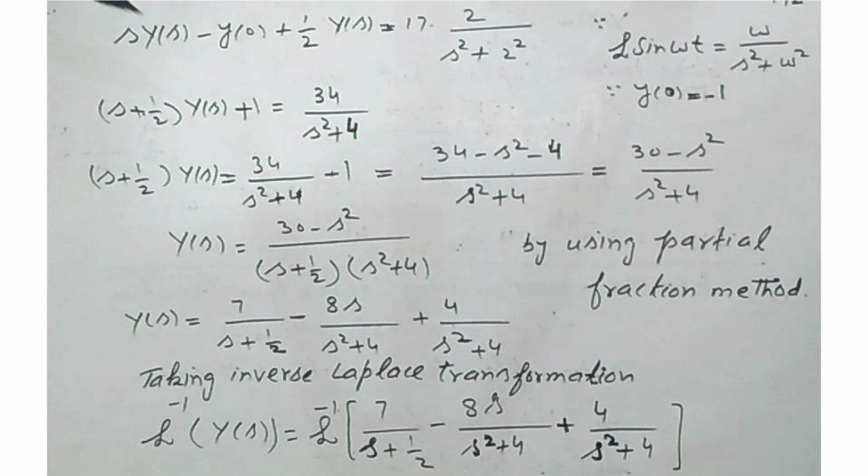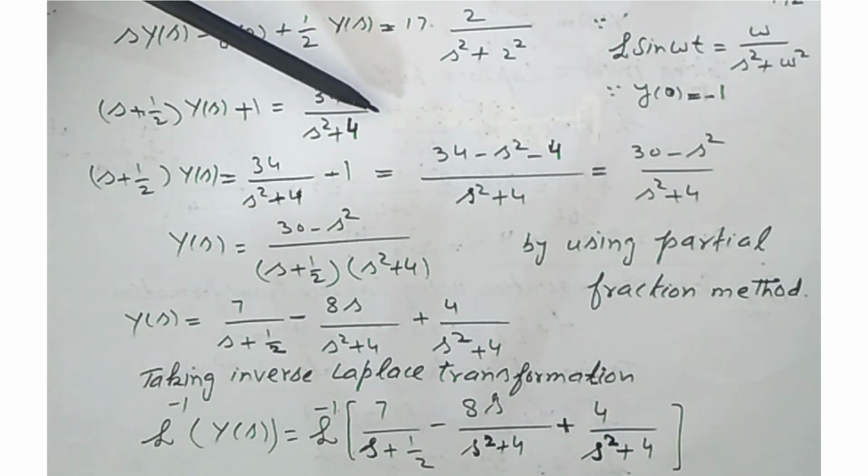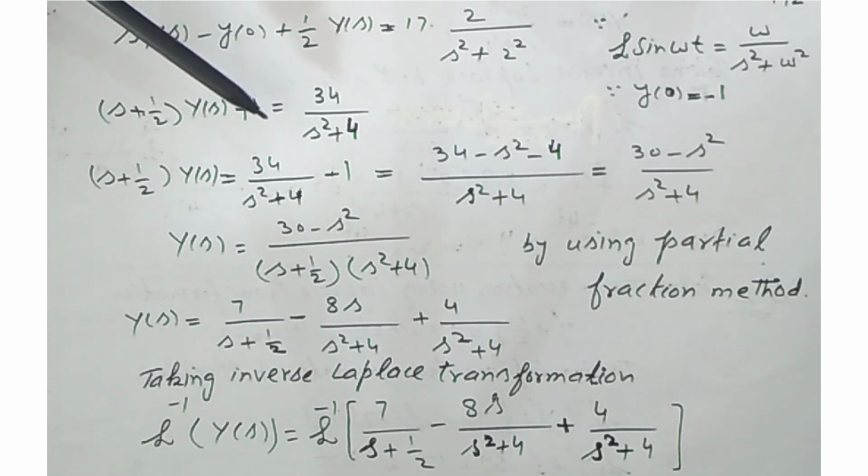So we put y(0) = -1, and minus minus becomes plus 1, and 17 into 2 is 34 over s² + 4. Now the plus 1 is taken to the right side, this becomes 34 over s² + 4 minus 1.